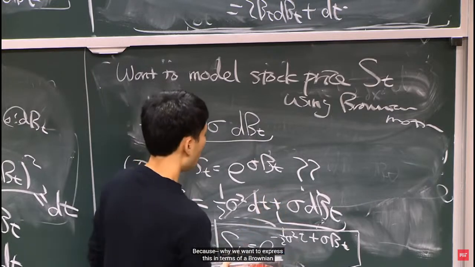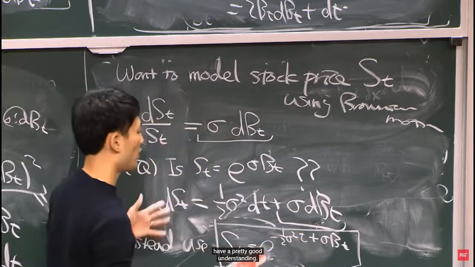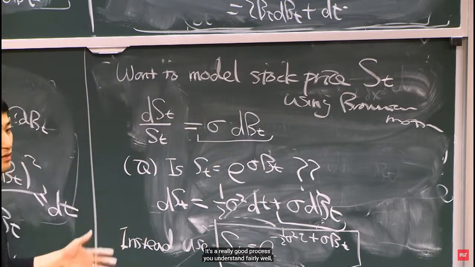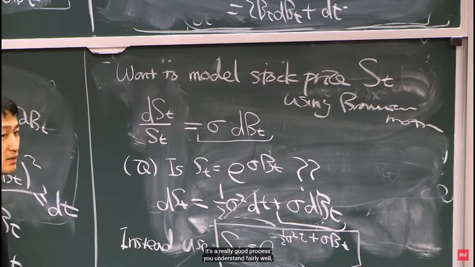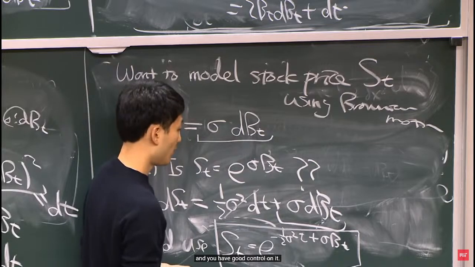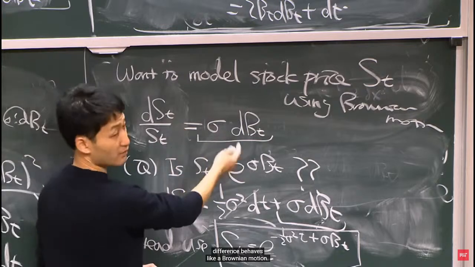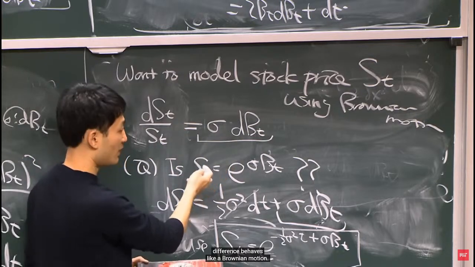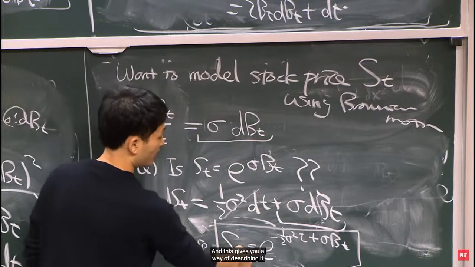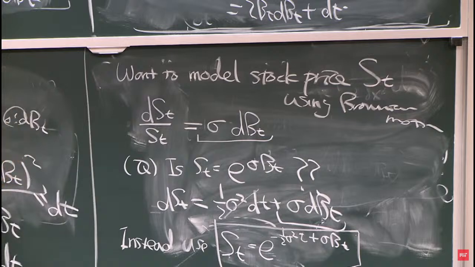The reason we want to express this in terms of Brownian motion is that for Brownian motion we have a pretty good understanding. It's a really good process. You understand it fairly well and you have good control on it. But the problem is you want a process whose percentage difference behaves like a Brownian motion. And this gives you a way of describing it in terms of Brownian motion, as the exponential function of it. Does that answer your question?